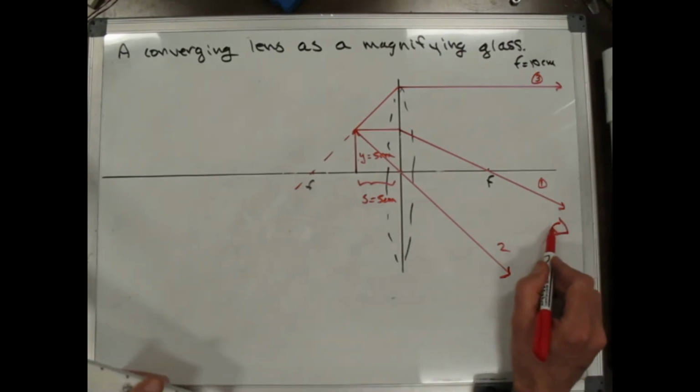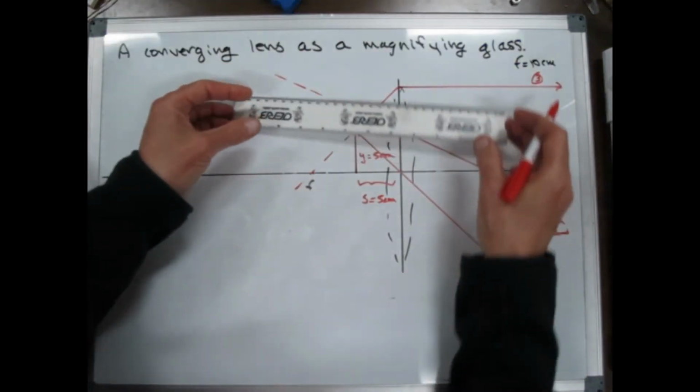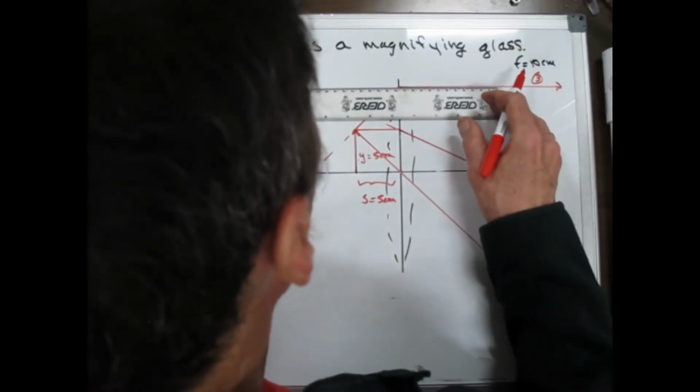It just knows the direction they're coming from when they hit your eye. And so what your eye does is it says, well, this ray was coming from this direction. Let me do a little better job with that, right? This ray was coming from this direction.